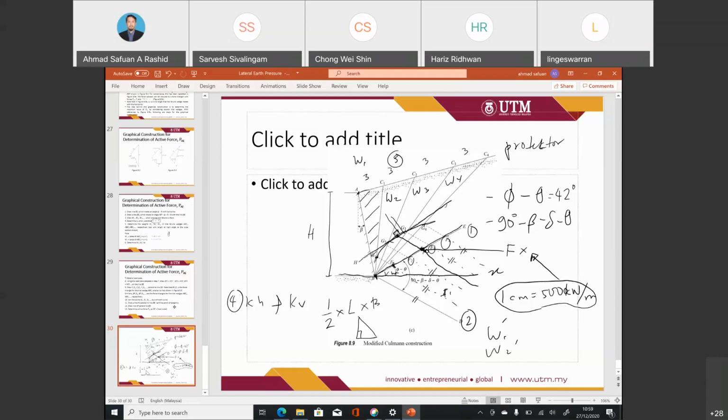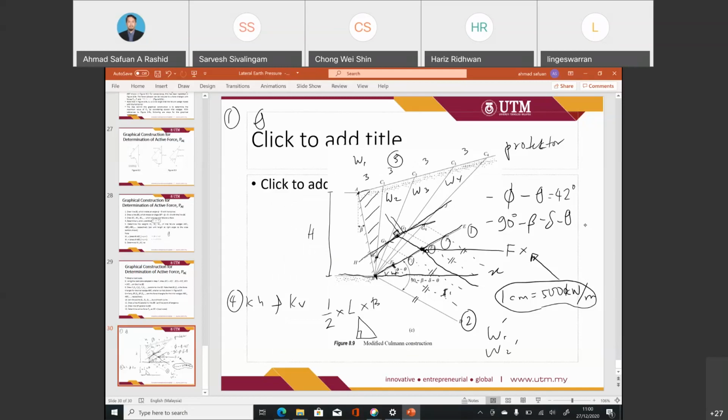So the first procedure. First, you need to determine the theta value. The theta you may obtain from the previous equation.